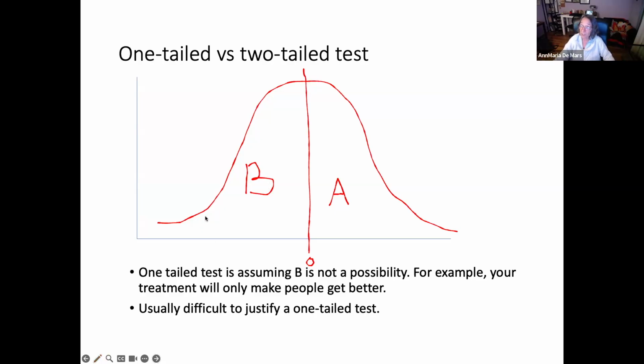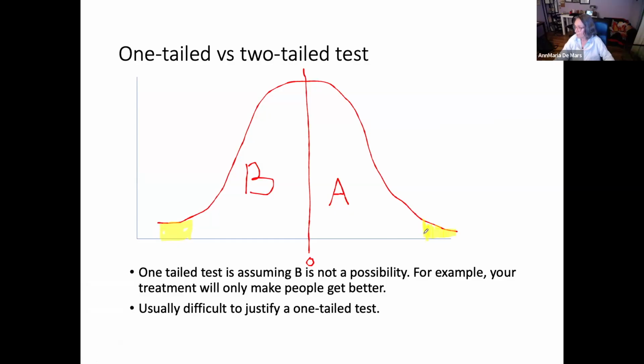And one of the reasons that researchers who are not very ethical would like to do it is, let's say this is the area under the curve. This is the probability of you getting a significant result, right?